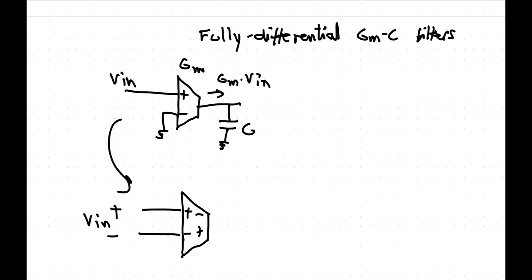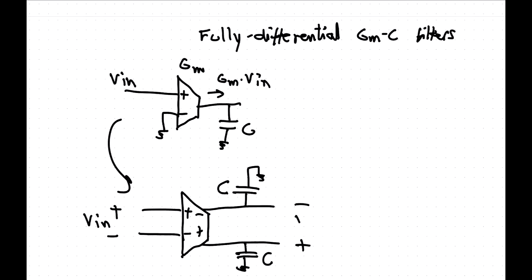What you have at the output is going to probably look like that. So capacitors in both these nodes to ground. Let's make them both C. And then the output voltage has to look this way here. That's the out.